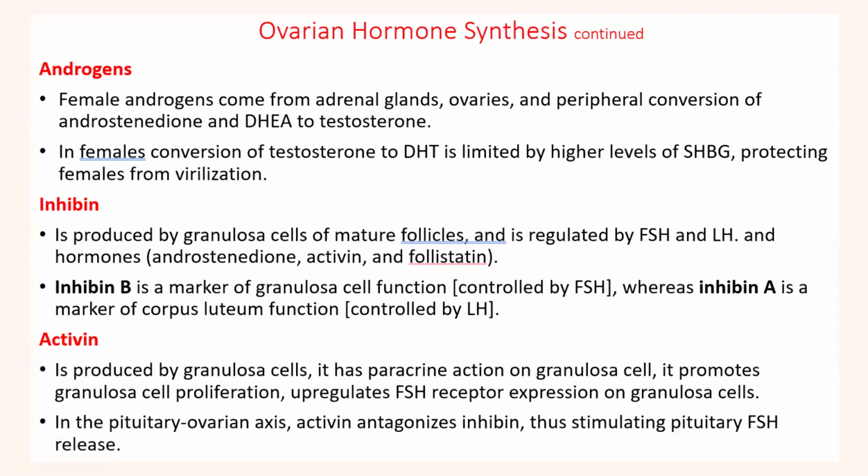Inhibin A is a marker for corpus luteum function, and inhibin B is a marker for granulosa cell function. So to know how well the granulosa cells are working, or if there's a problem with the granulosa cells and that is why a patient is unable to conceive, you can look at the levels of inhibin B, and that would tell you if the cells are functioning okay.